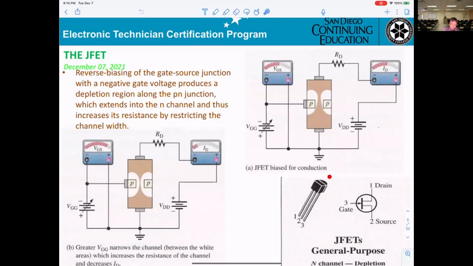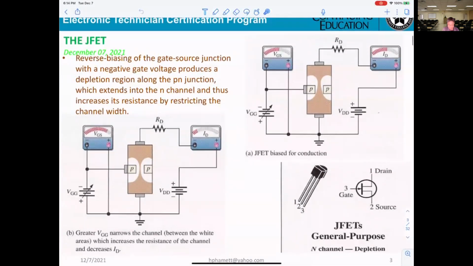Okay, and this is a symbol for the JFET. The thing is, you have to work on that in the lab also.